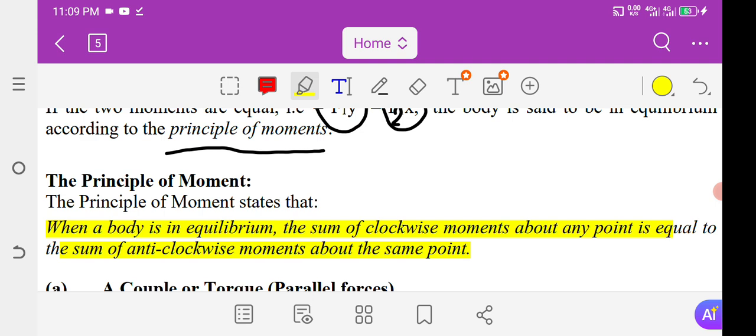So basically that's what moment is and what the principle of moments states. Make sure you are able to state the principle of moments in your own words without changing the meaning. Make sure you know the principle in full, because your examiners will require you to state it like this.